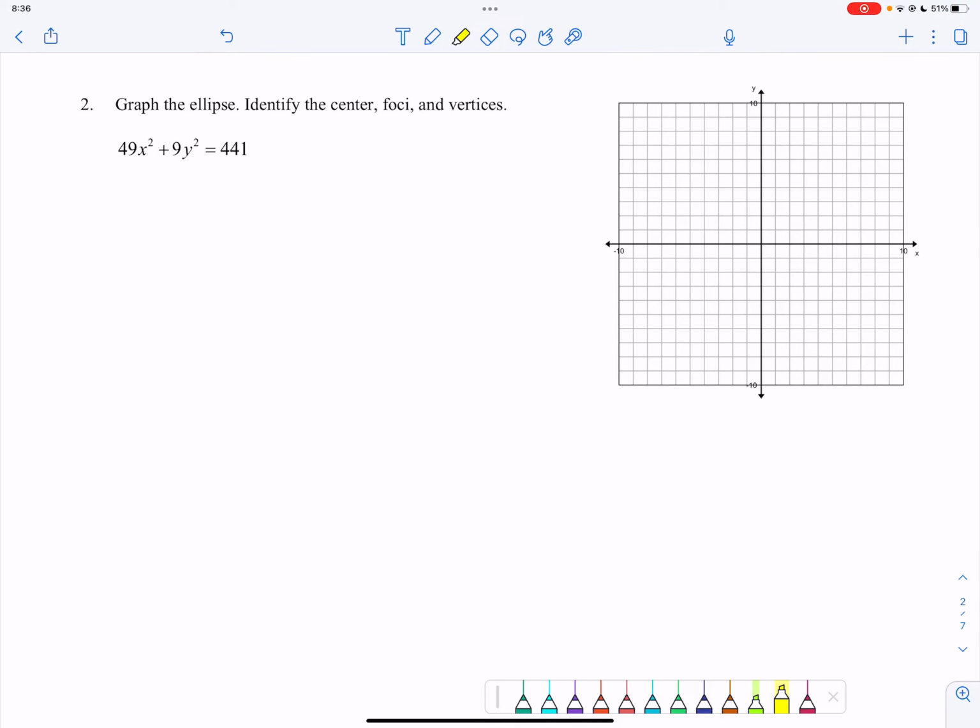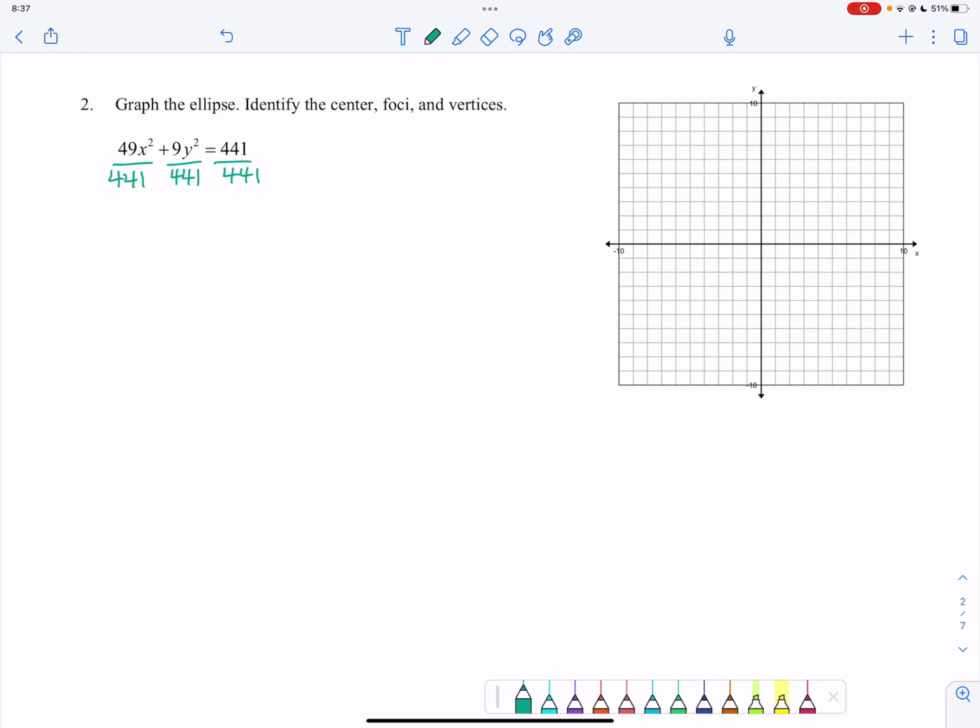So if I divide every term by 441, that will give us 1 on the right-hand side.